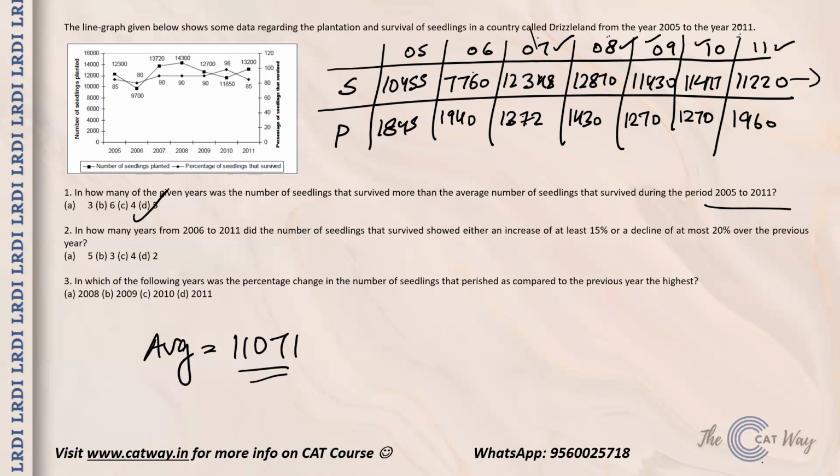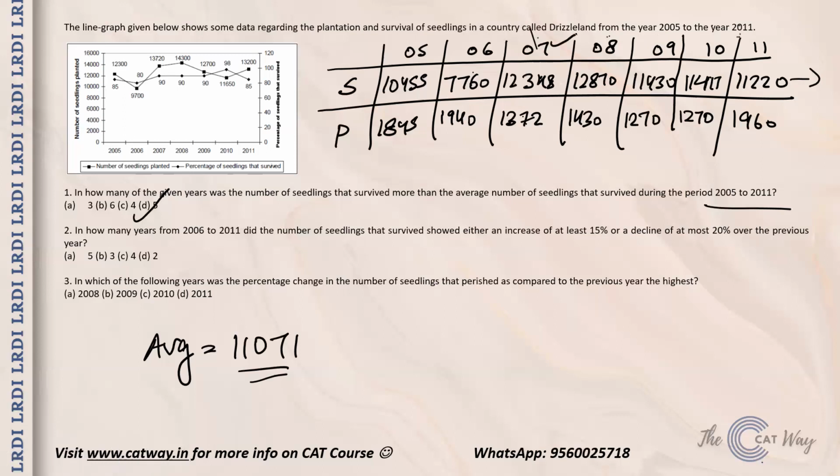So if you calculate, in 2007 the number of seedlings that survived has shown an increase of at least 15%. From 6 to 7, going from 7,760 to 12,348 is a way too big increment. So that's definitely a 15% plus increment, because that is roughly 75-80% of the value. So from 6 to 7 that's happening.